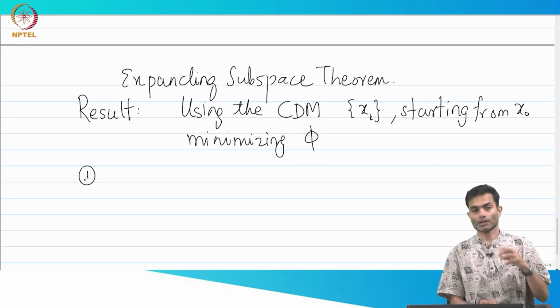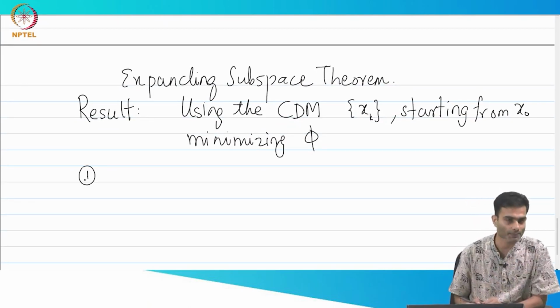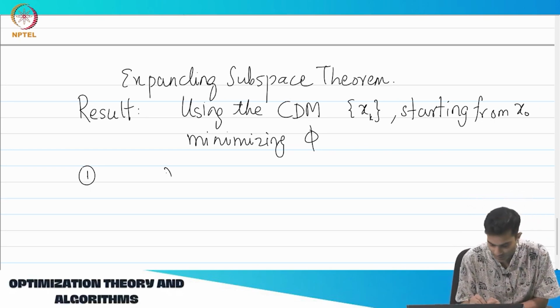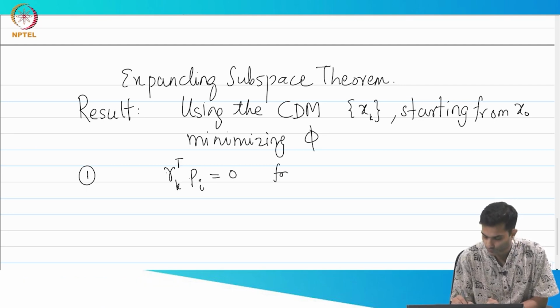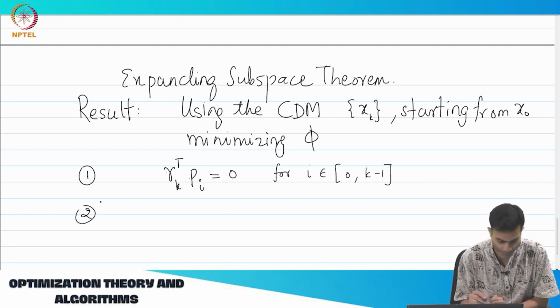There are two consequences of the expanding subspace theorem. The first is Rk transpose Pi is equal to 0 for i belonging to 0 to k-1. Let's just note it down and then we'll give some intuition to it.